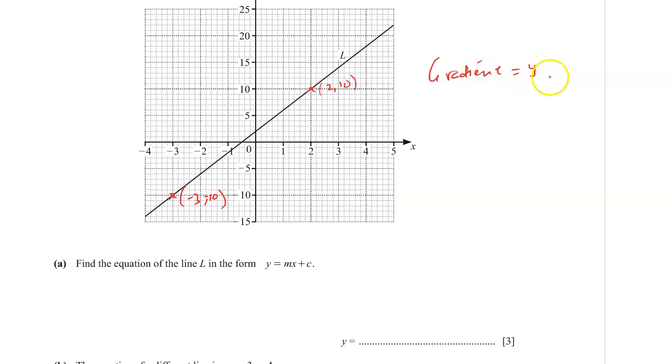Gradient is equal to change in y over change in x. y2 is 10 minus minus 10 right there, over 2 minus minus 3.